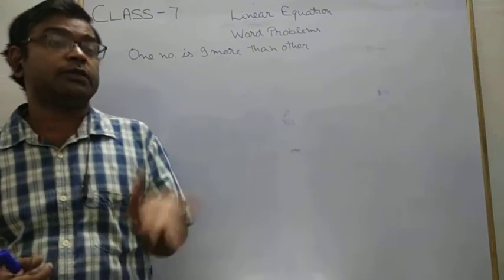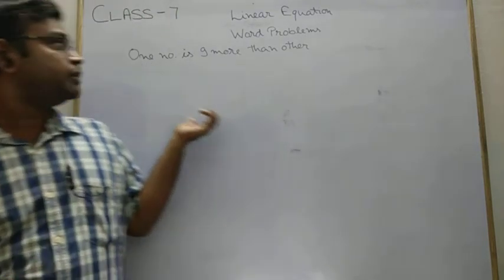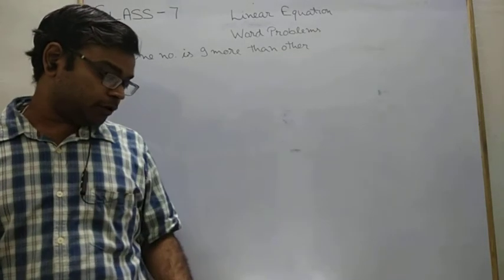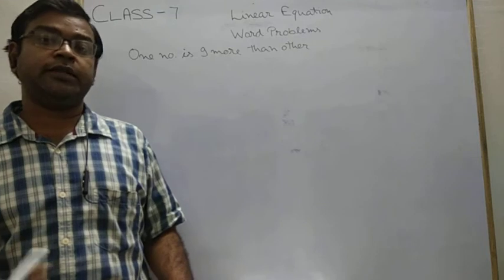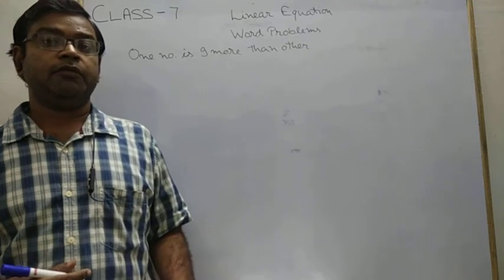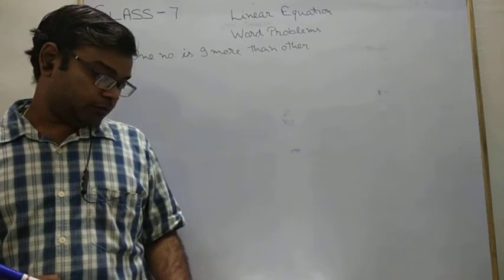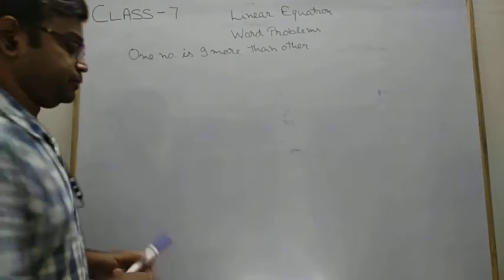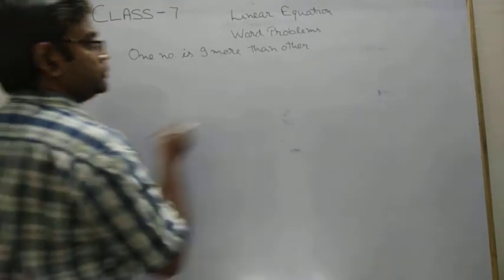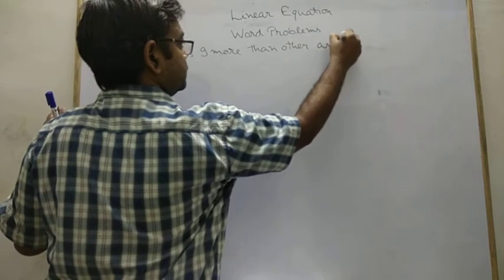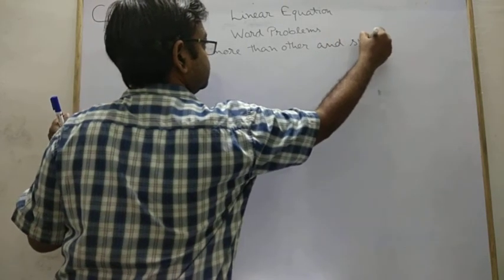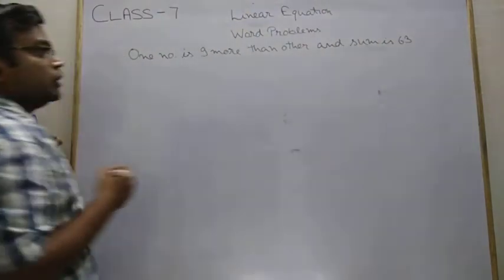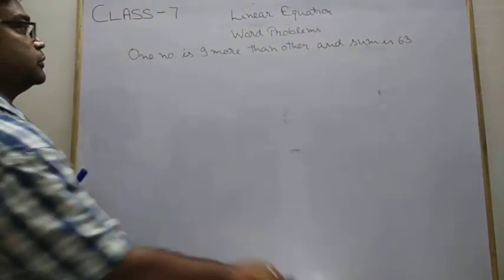It is given that one number is 9 more than the other, and their sum is 63. Find the numbers.